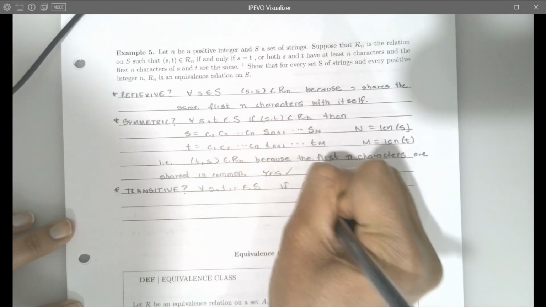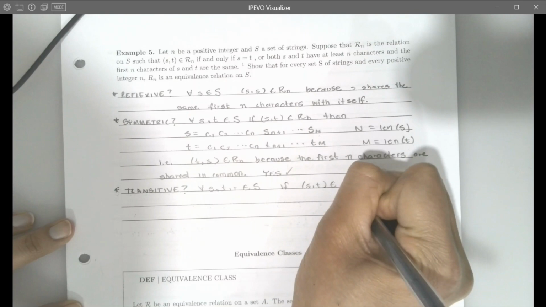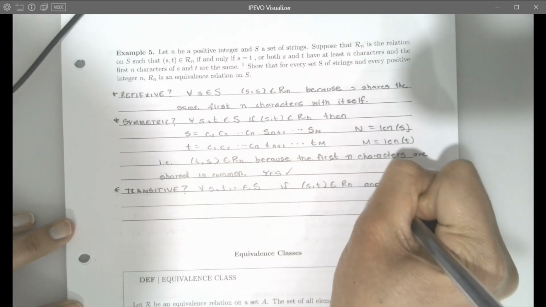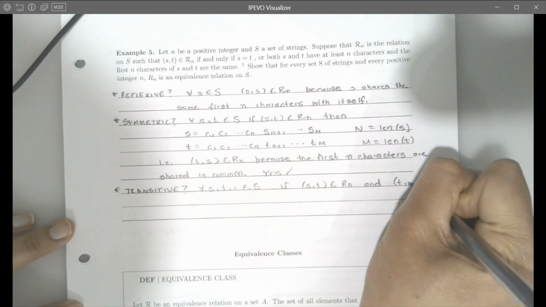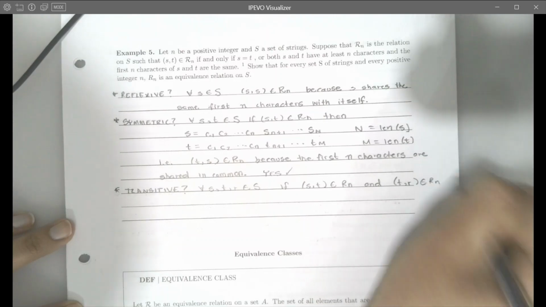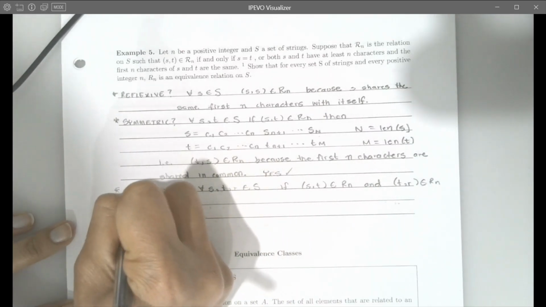If S comma T is part of the relation and T comma R is part of the relation, then what does that mean?